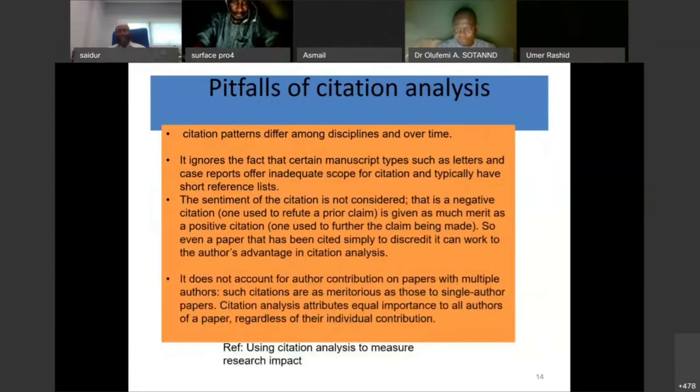The pitfalls, I think, are again the pros and cons. You can read them for a few seconds. These are the points raised by those who are negative about citations, and I think they also need to be considered. In the current citation analysis, these things are not taken into consideration, as they differ among disciplines and over time.